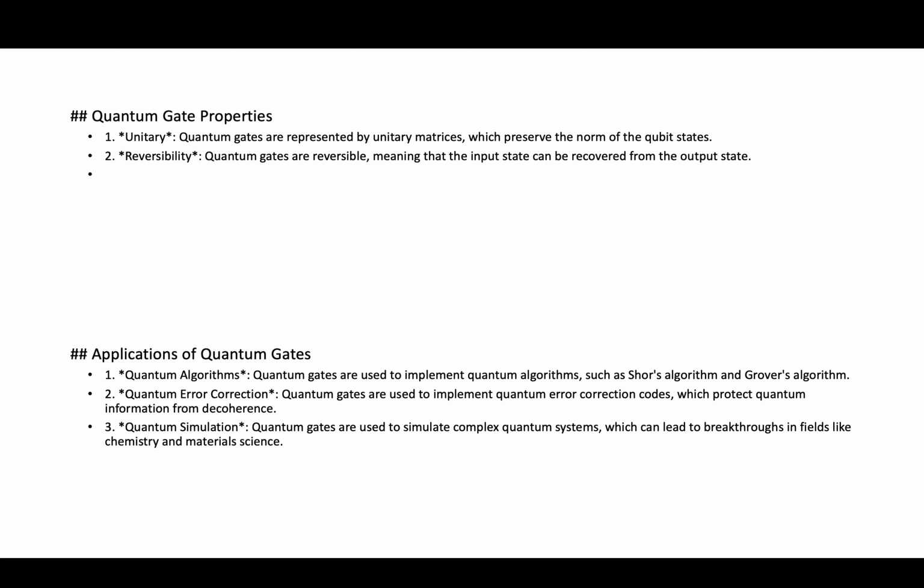Quantum error correction: quantum gates are used to implement quantum error correction codes which protect quantum information from decoherence. Quantum simulation: quantum gates are used to simulate complex quantum systems, which can lead to breakthroughs in fields like chemistry and material science.